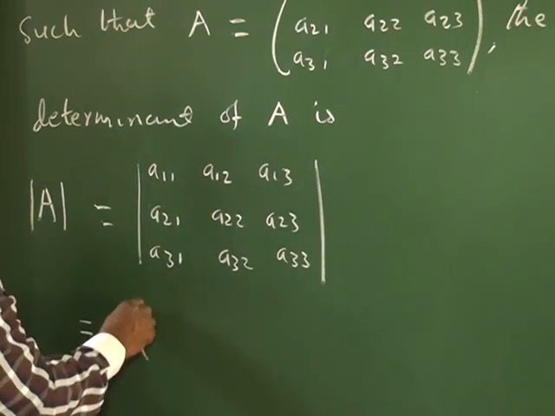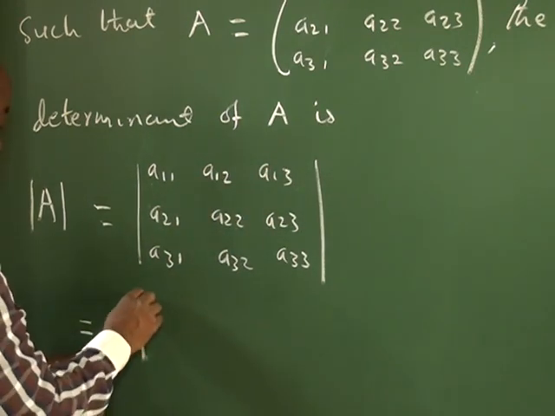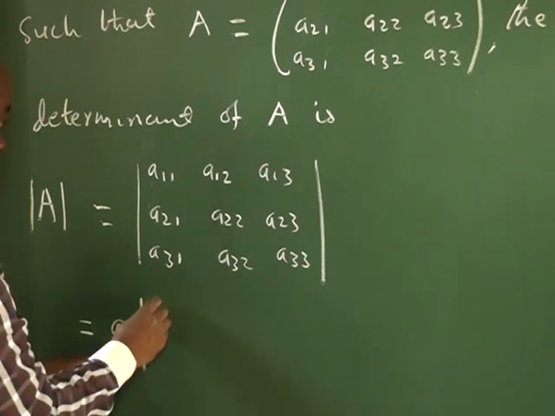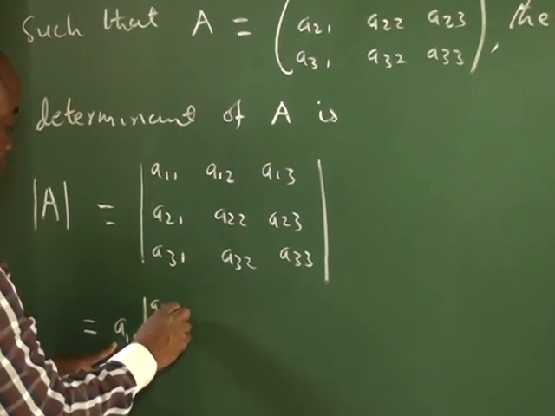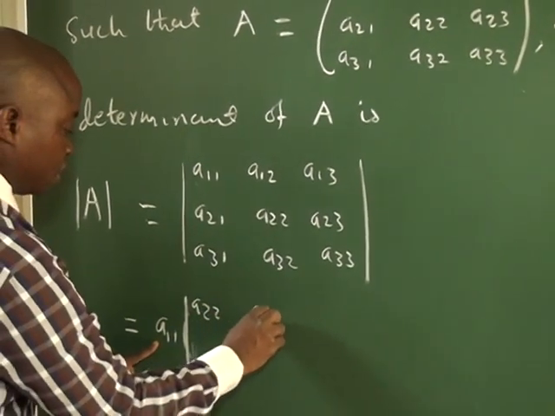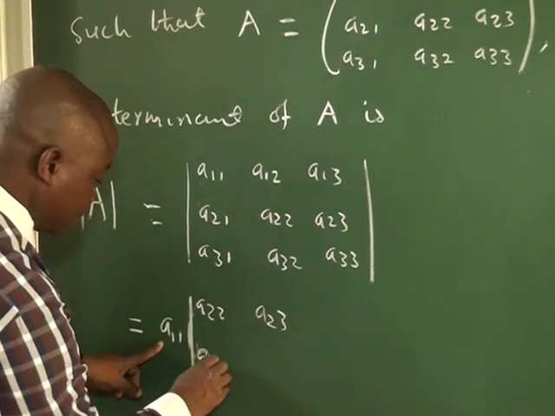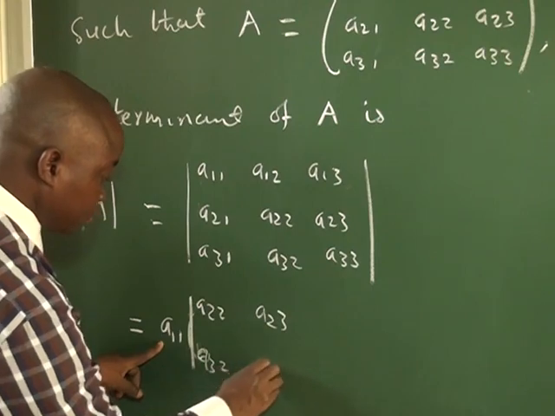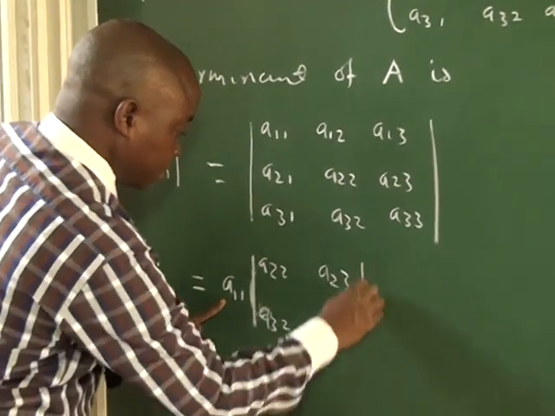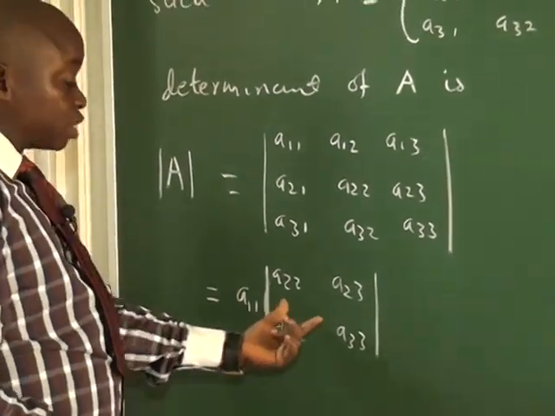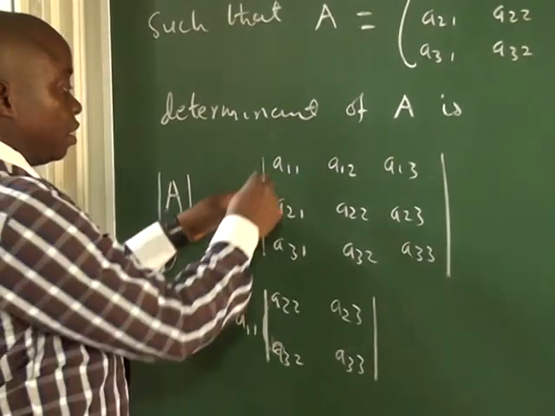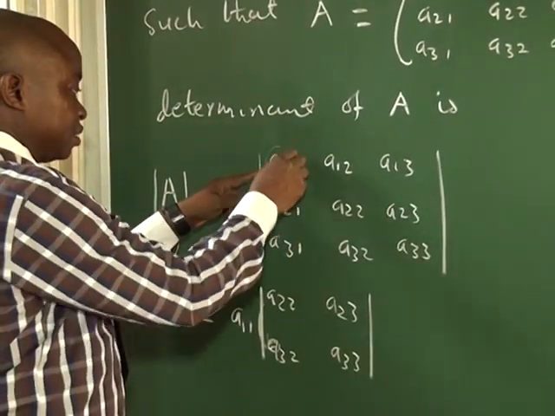If you do that, we'll have A22, A23, A32, then A33. Notice what we are doing. This one is called the minor. I'm picking these elements.